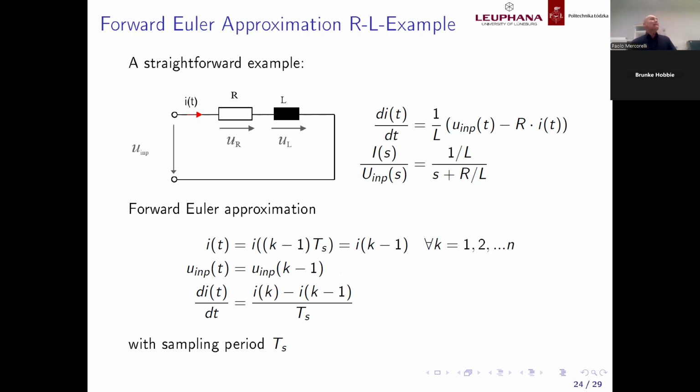About that we can discuss a little bit more in depth. This of course depends also on the approximation which I use. Let me remain on an intuitive, easy example with the forward Euler approximation.